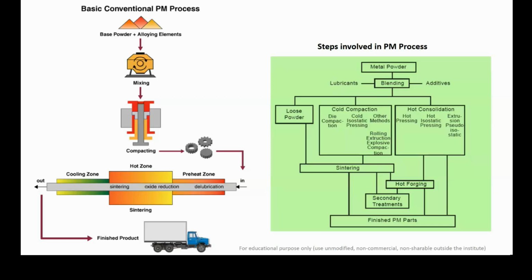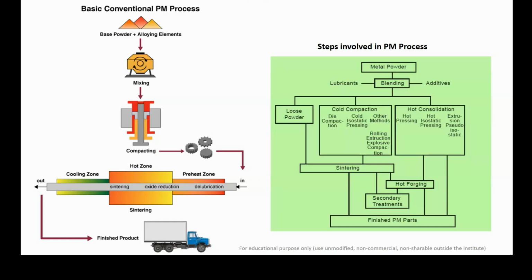There is a range of temperature, and it entirely depends upon the melting point of a material. So what is that range? That range is basically 0.75 to 0.9 times the melting point of that particular material out of which you have made your product.